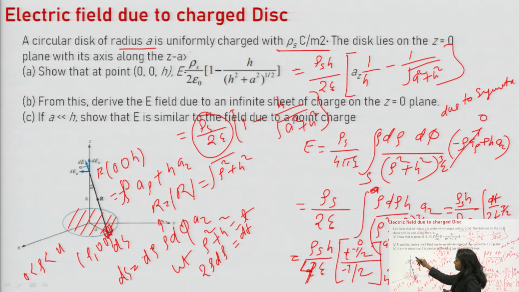Further, if a is very much less than h, then E is similar to the field due to a point charge. So obviously if a is very much less than h, this term will reduce to the point charge electric field equation.